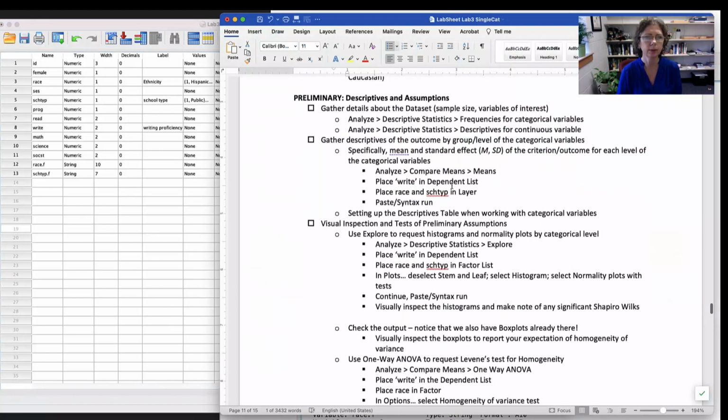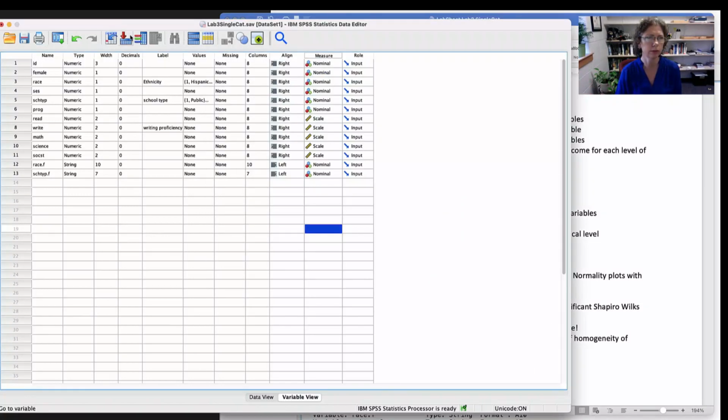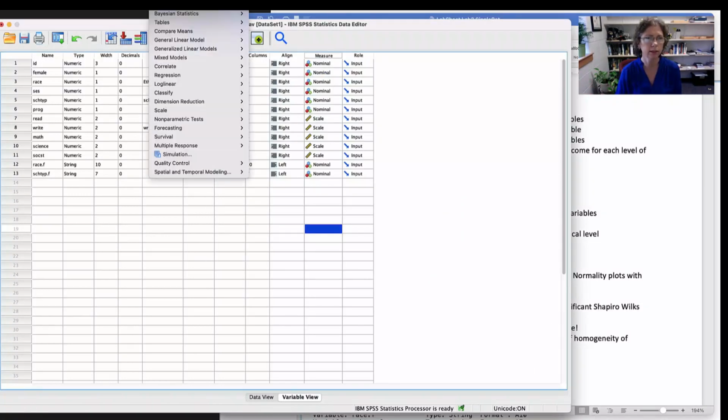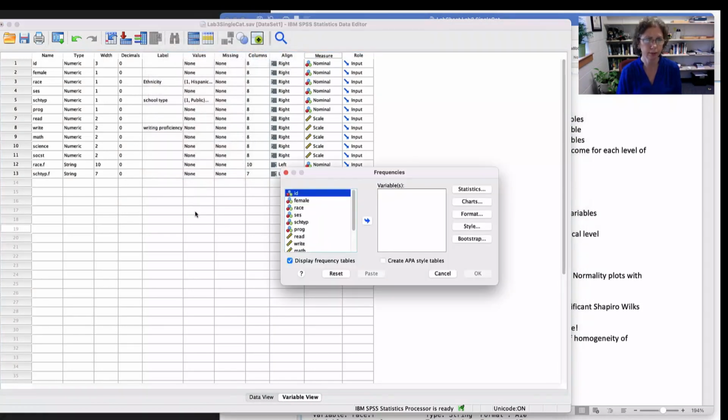Okay, now we're ready to gather some details about the data set, like frequencies for the categorical variables, descriptives for the continuous variable, those basic data set information that we need. So I'm going to go to Analyze, Descriptive Statistics and Frequencies for the categorical variables.